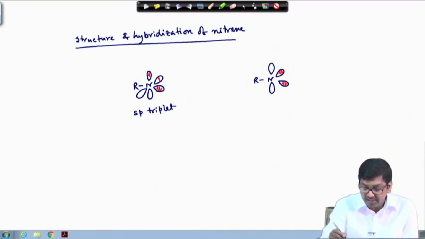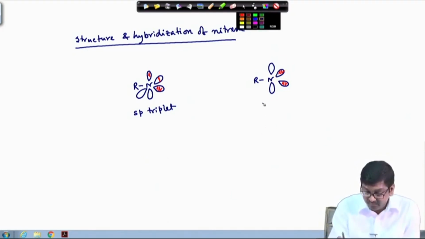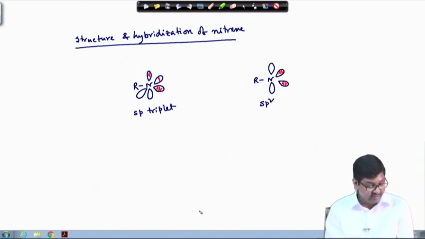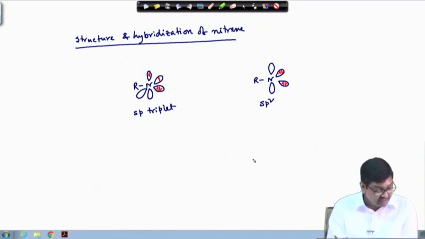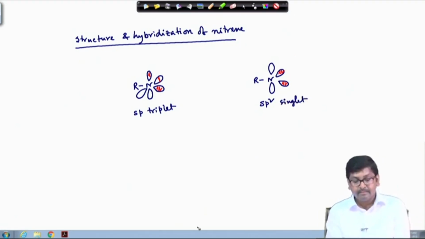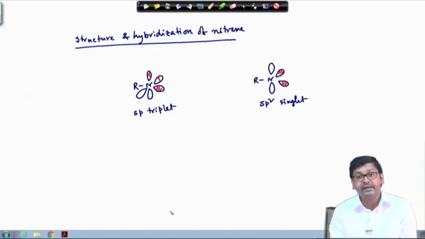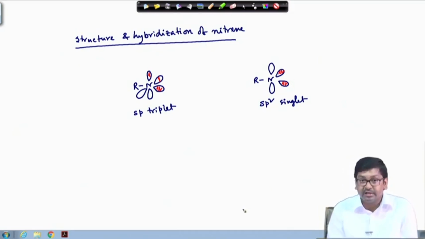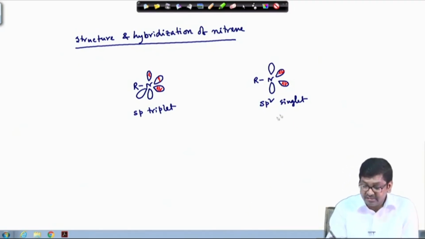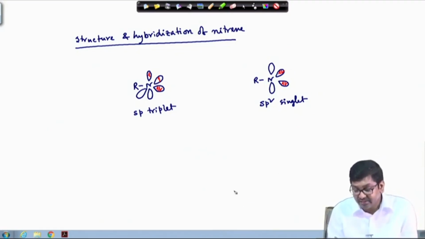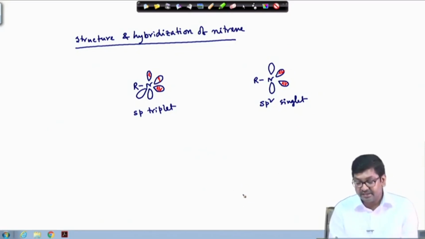So, this is the sp2 hybridized nitrene. In the sp triplet, the two unpaired electrons are in parallel spin. In the singlet, the two electrons become paired up, and this nitrogen center is sp2 hybridized, in a singlet state.